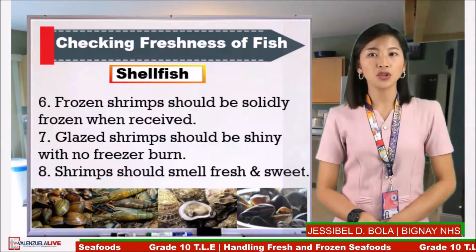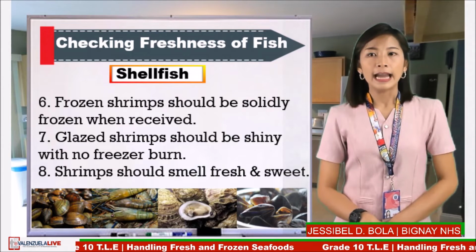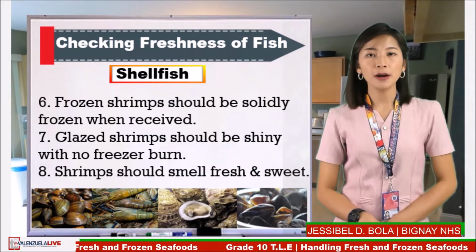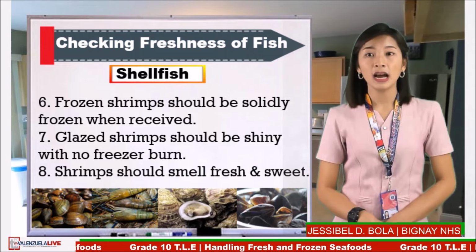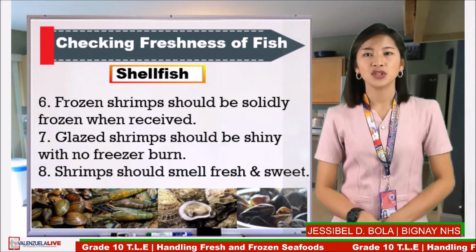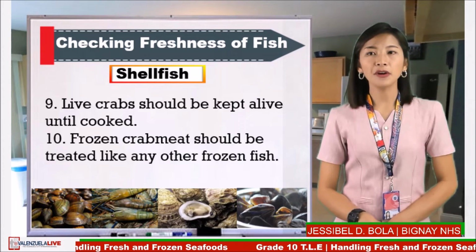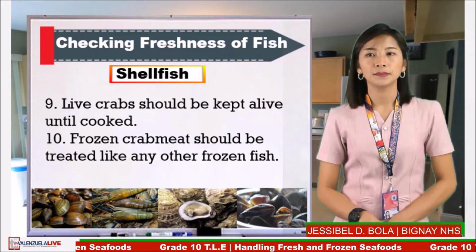Frozen shrimp should be solidly frozen when received. Glazed shrimp should be shiny with no freezer burn. Shrimp should smell fresh and sweet. Number 9, live crab should be kept alive until cooked.